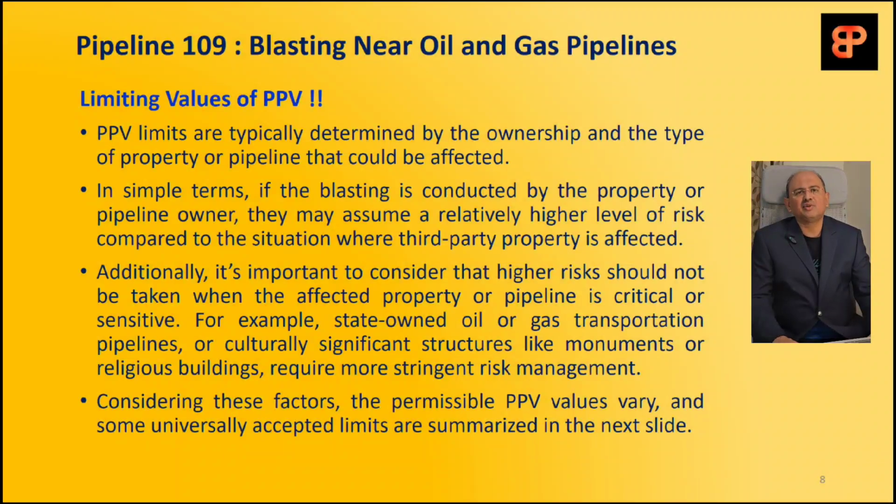In terms of buildings and structures, culturally significant structures like monuments or religious buildings require more stringent risk management. So we can't ignore the risk due to blasting near such critical pipelines or buildings, because they are very important. Considering these factors, the permissible PPV values vary, and some universally accepted limits are summarized in the next slide.